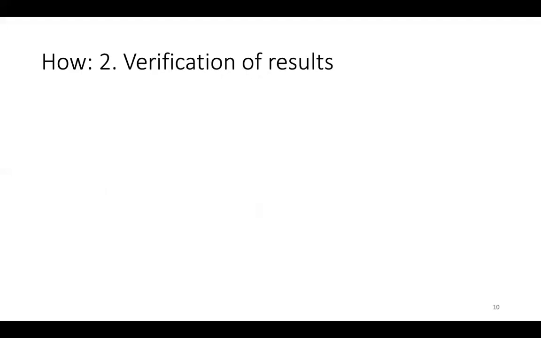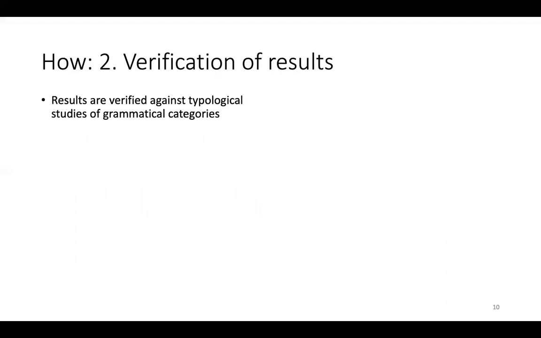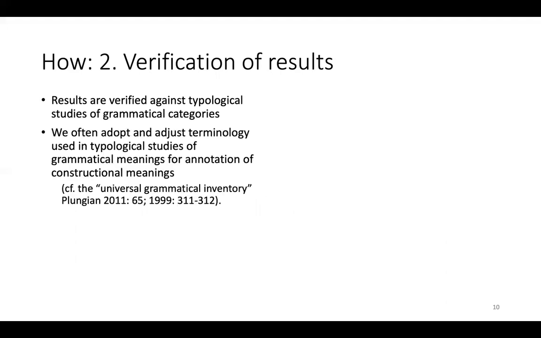At the same time, our bottom-up approach does not mean that this work has been done in a theoretical vacuum. Our results are verified against typological studies of grammatical meanings, grammatical categories. When we annotated constructions, we took into account corresponding categories, distinctions, and terminology already known from typological studies of grammatical meanings.